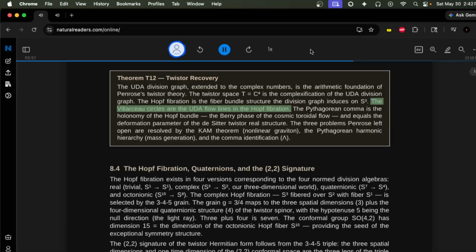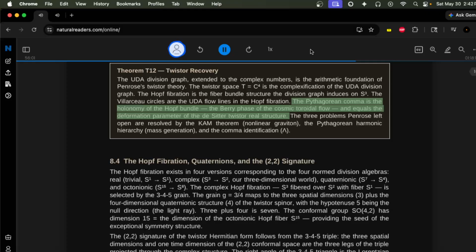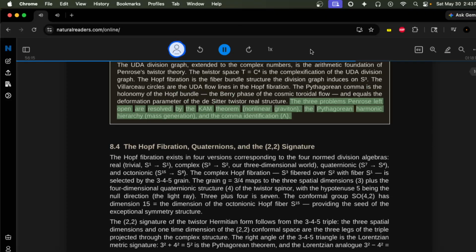The Villarceau circles are the UDA flow lines in the Hopf fibration. The Pythagorean comma is the holonomy of the Hopf bundle, the Berry phase of the cosmic toroidal flow, and equals the deformation parameter of the de Sitter twistor real structure. The three problems Penrose left open are resolved by the KAM theorem, the Pythagorean harmonic hierarchy, and the comma identification.